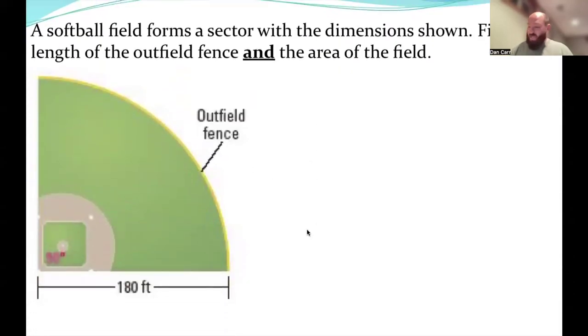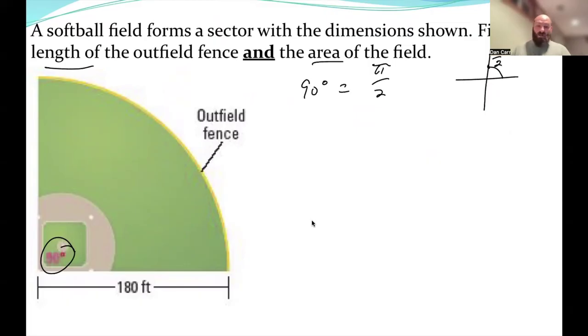A softball field forms a sector with the dimensions shown by the length of the outfield fence and the area of the field. Okay, so it's tough to see here, but this is 90 degrees. One thing that makes it easier is if I first convert 90 degrees into radians, which is actually not too bad because that is just pi over 2. So for my arc length, I'm going to do r times theta.